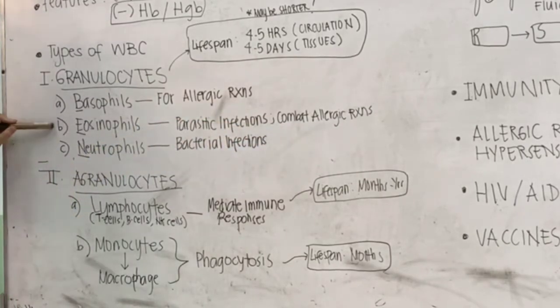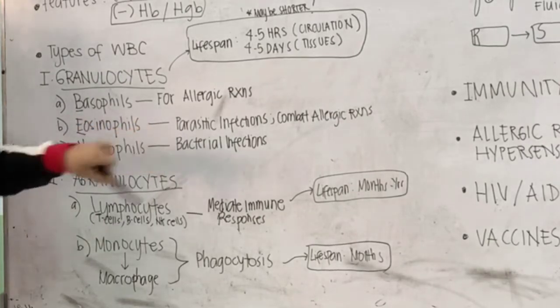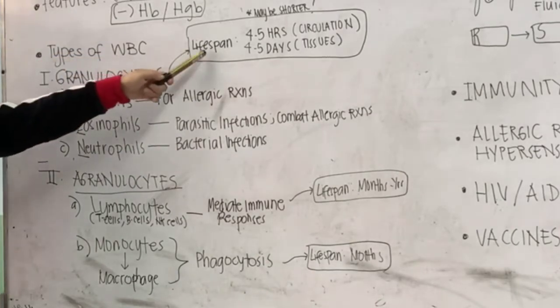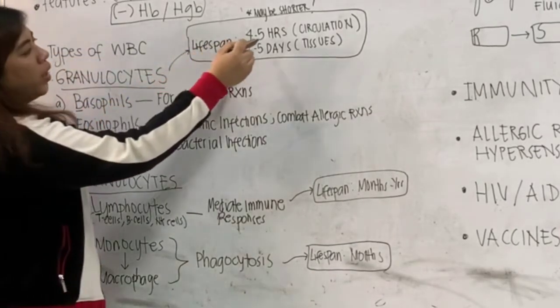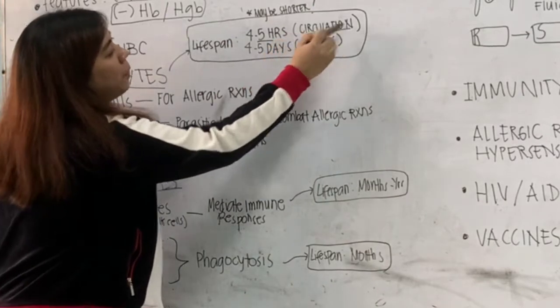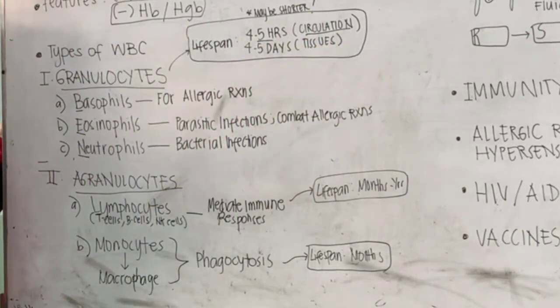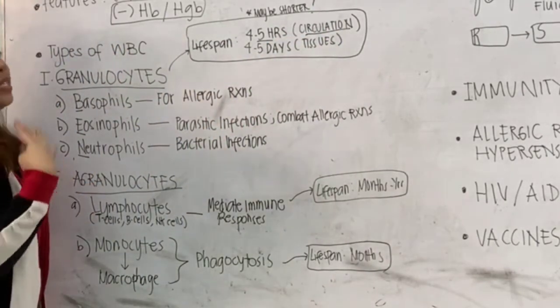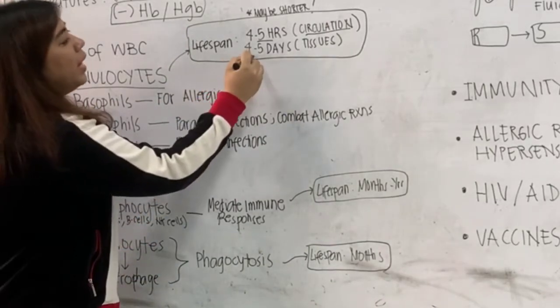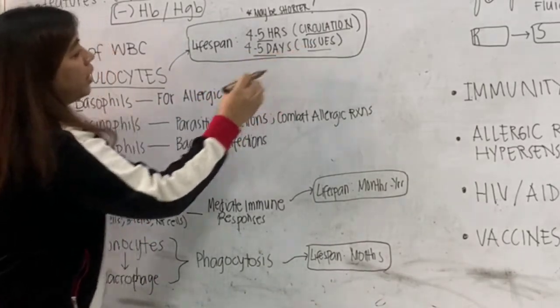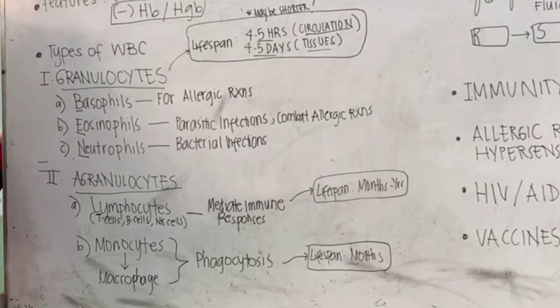They react to the reaction of basophils. Next, you have your neutrophils. These are for bacterial infections. Its lifespan is 4 to 5 hours in the circulation if it is just patrolling the circulation. But when it is deployed to your tissues, the lifespan is 4 to 5 days before it dies.